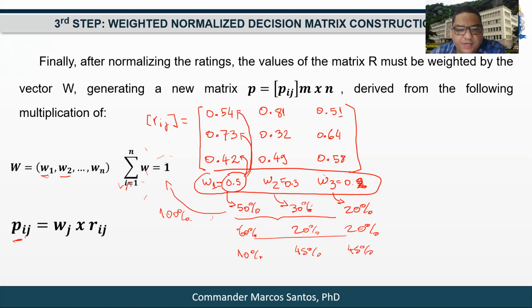This matrix is the weights times the values from the normalized decision matrix.